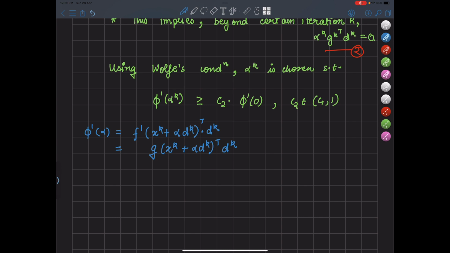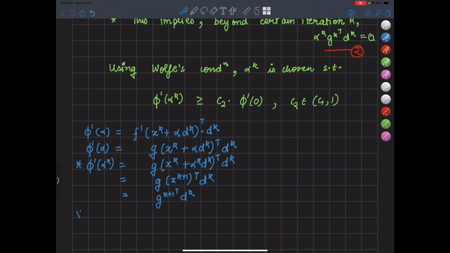Now phi dash alpha k is g of xk plus alpha k dk transpose dk, which in turn is g of xk plus 1 transpose dk, which is gk plus 1 transpose dk.